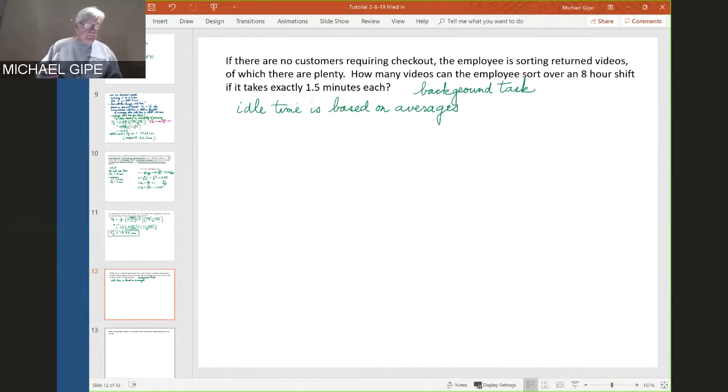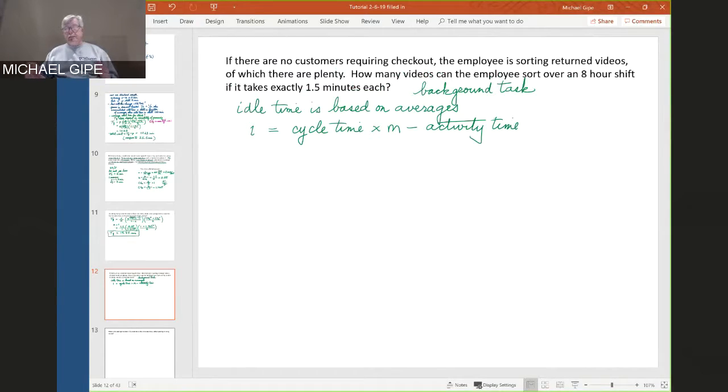So the idle time, I'll call it I, is going to equal the cycle time times the number of resources available minus the activity time. So this is the formula you would use if you had one or more resources to do this.